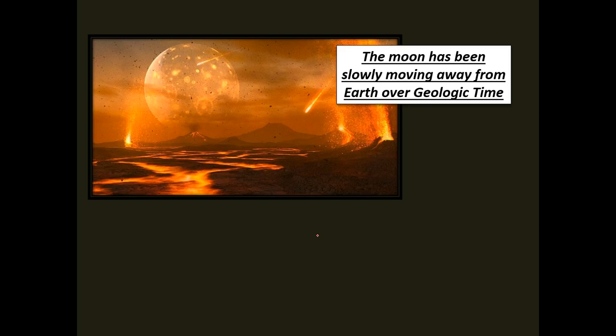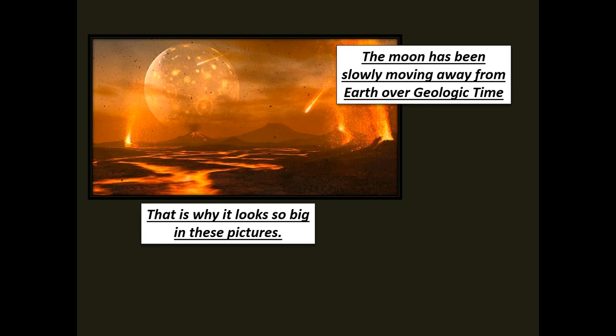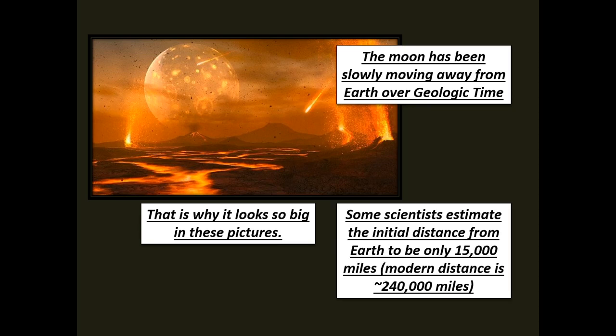So why does it look so big? Well, it might interest you to know that the moon has been slowly moving away from Earth over geologic time. When we started off, we estimate that the moon was maybe only 15,000 miles away from Earth. Very, very close. It is currently 240,000 miles away from Earth on average.